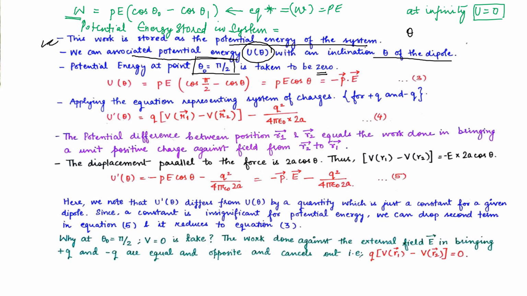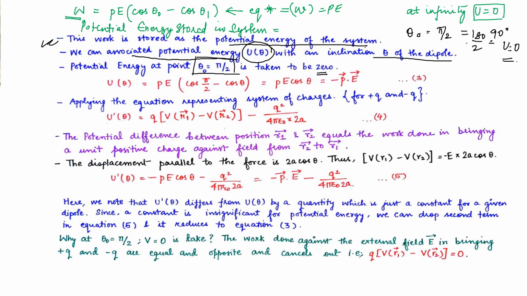Here theta naught equals pi by 2, that is 180 degrees divided by 2, 90 degrees, and then the potential energy will be 0 here. This is the point in the dipole's space where our potential energy will be 0. When the inclination is 90 degrees, potential energy will be 0.